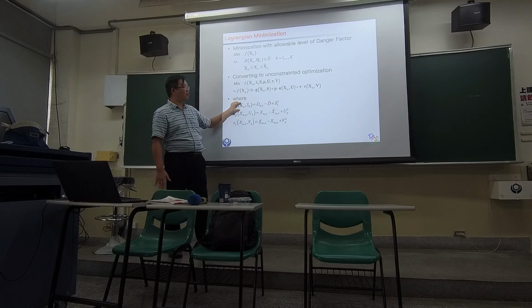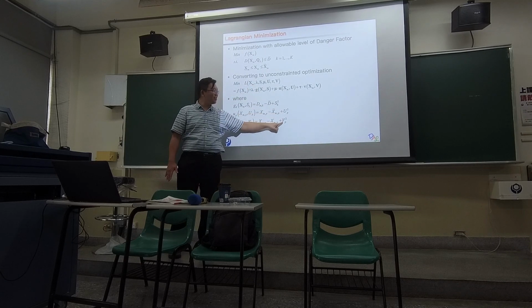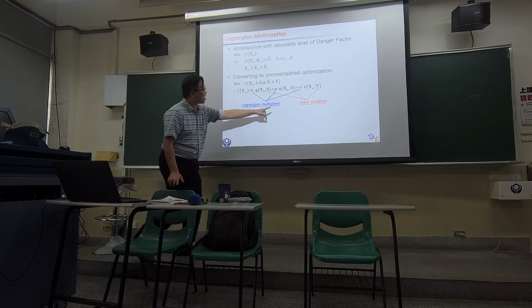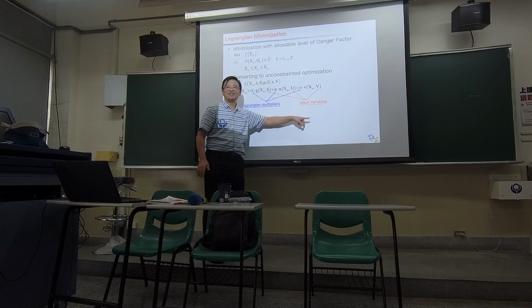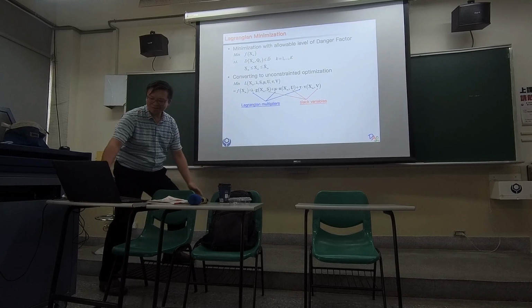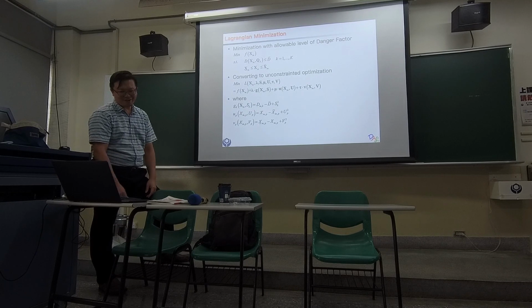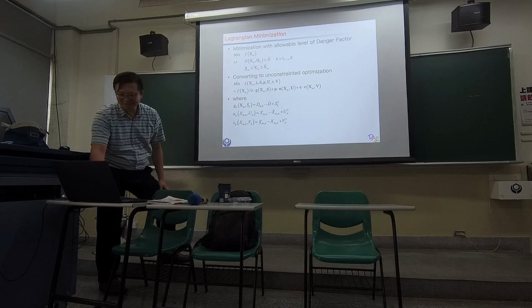This is the only way you can put it into a function. Whatever you put right here are called the slack variables. Slack variables. Okay, I don't know why they do this. They're just names. If you don't know this, it's fine. I can give you the slides, but you can try.